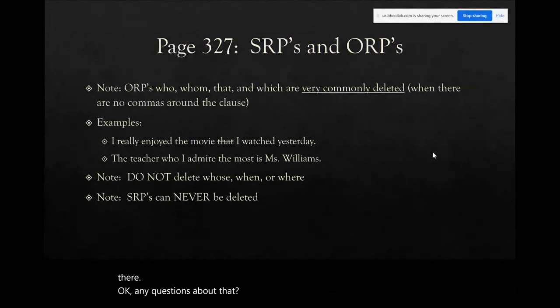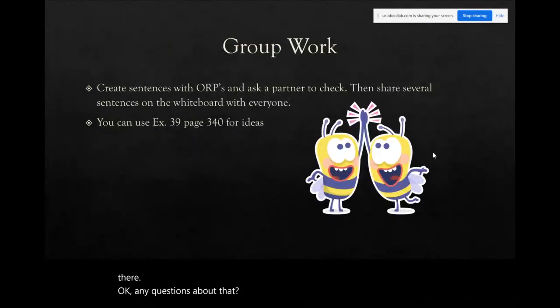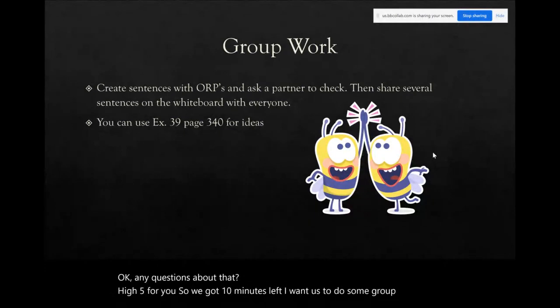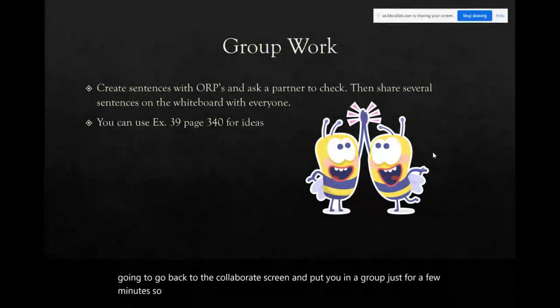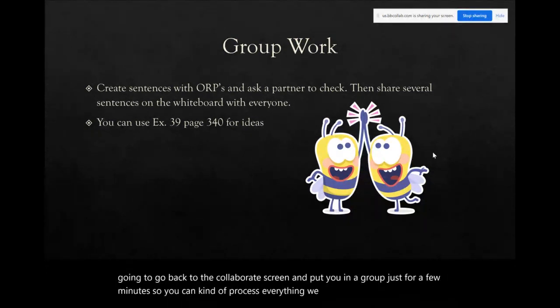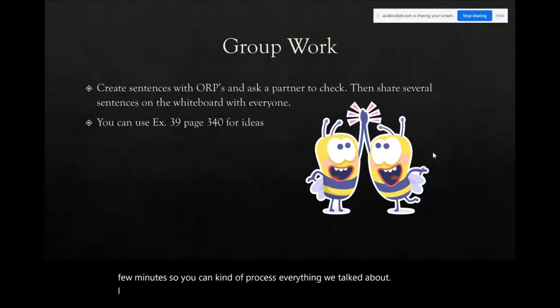No. All right, high five. So we've got 10 minutes left. I want us to do some group work. I'm going to go back to the Collaborate screen and put you in a group just for a few minutes so you can kind of process everything we talked about. I want you to create sentences with your partner that have object relative pronouns.